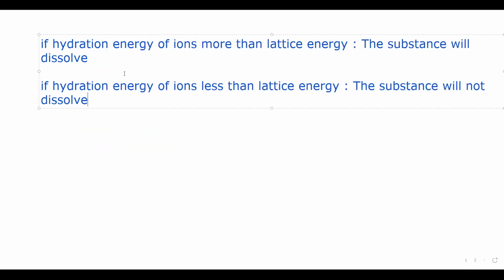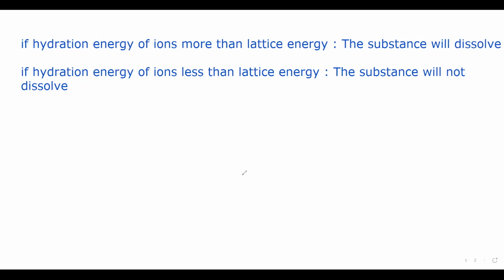So how do these two factors affect the solubility of an ionic compound? For example, we have a sodium chloride crystal. I am not drawing the complete lattice, just a part of it, with sodium ions and chloride ions.